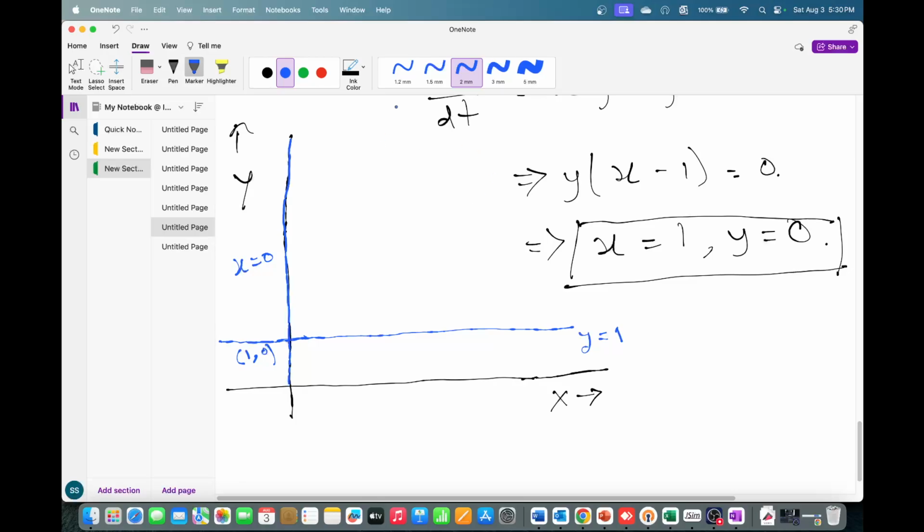Now let's try to plot the two nullclines of y. Okay, now I'll plot it in red. So nullclines of y are x equal to 1 and y equal to 0. y equal to 0 again is the x-axis. I'm writing here y equal to 0, and x equal to 1 is parallel to the y-axis. Oh sorry, I have written it wrong here.